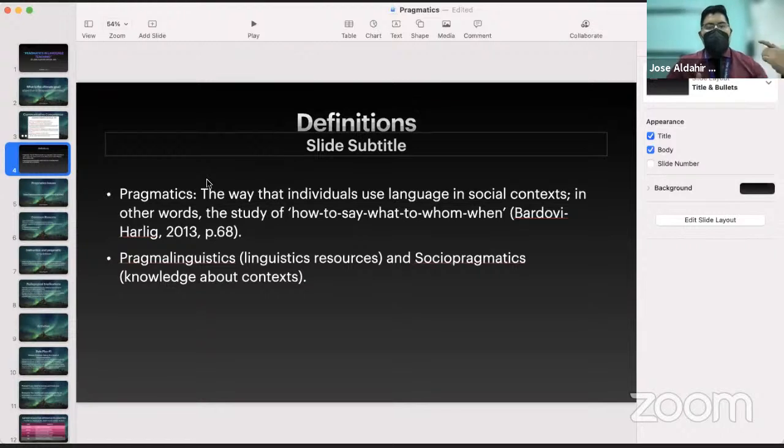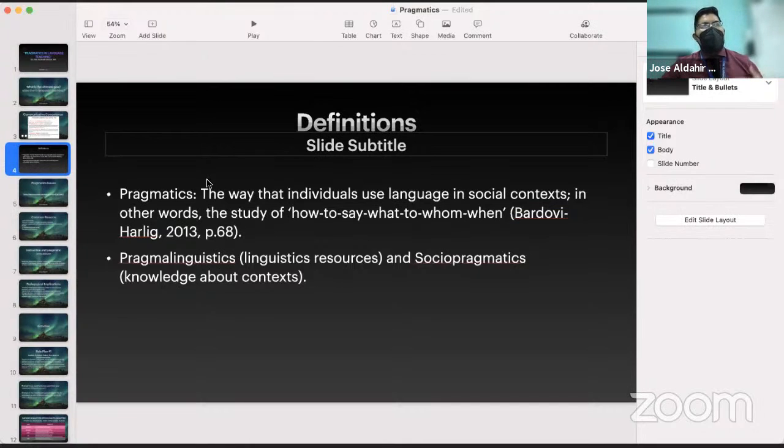The fact that I know pragmalinguistic or linguistic resources does not mean that I can handle social pragmatics, on the other hand. So sometimes these are the difficulties that we can notice in learners.